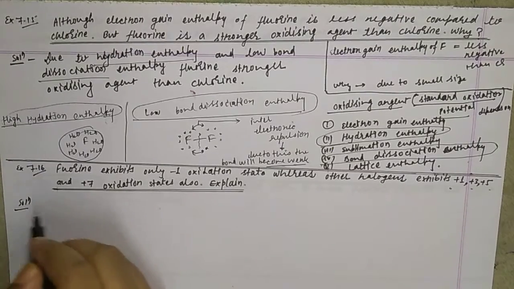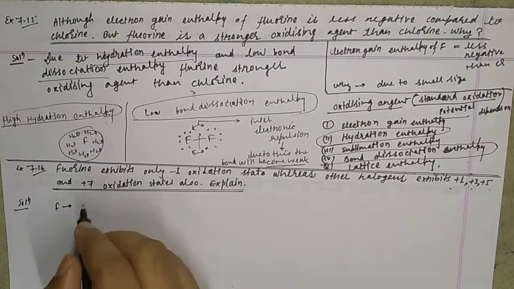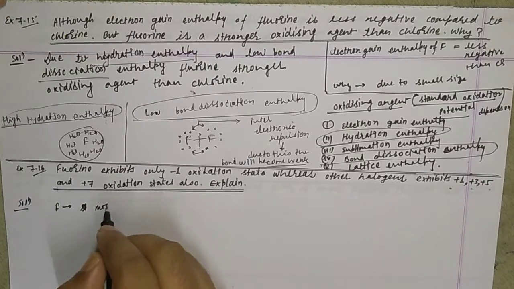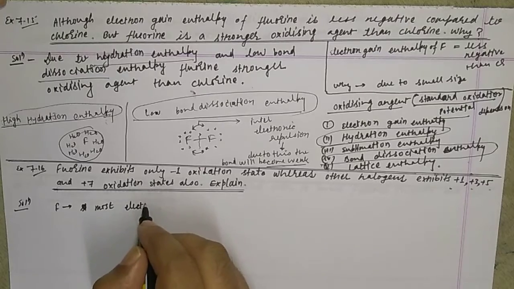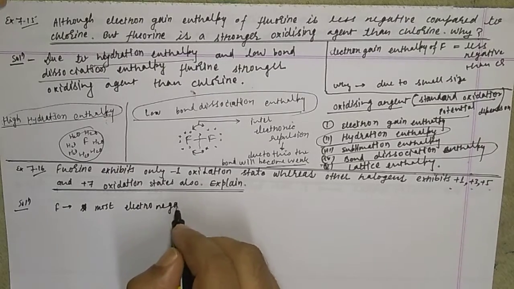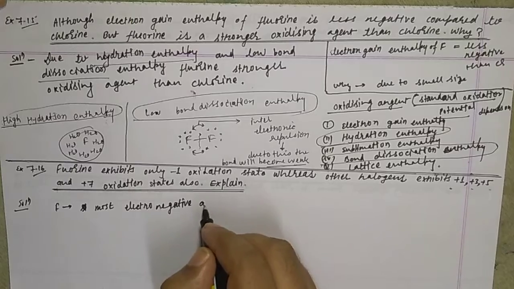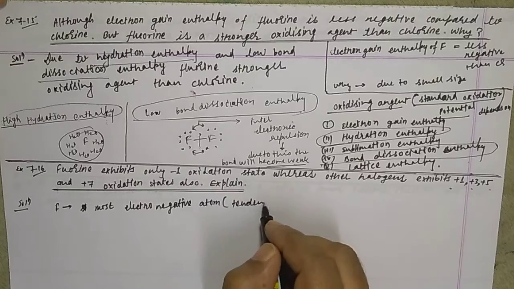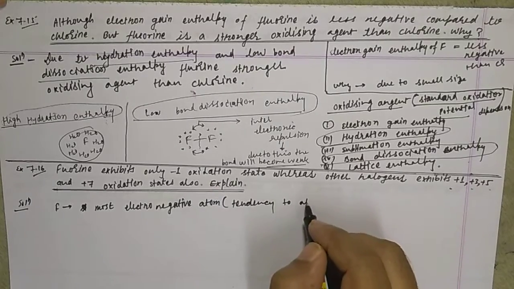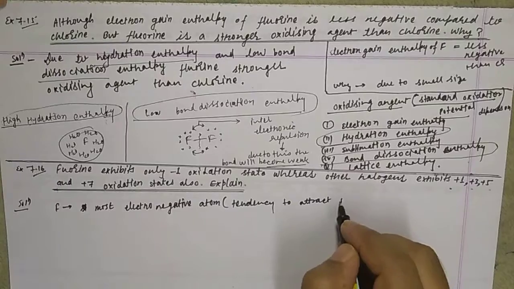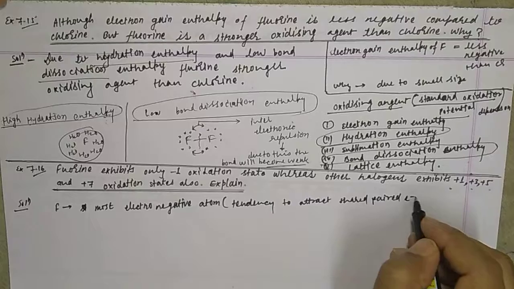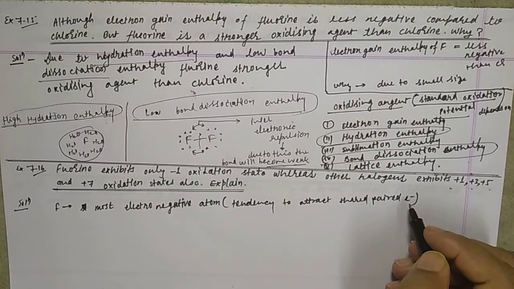Solution: fluorine is the most electronegative atom, with the tendency to attract the shared pair of electrons.